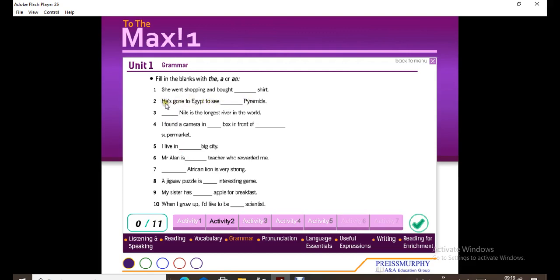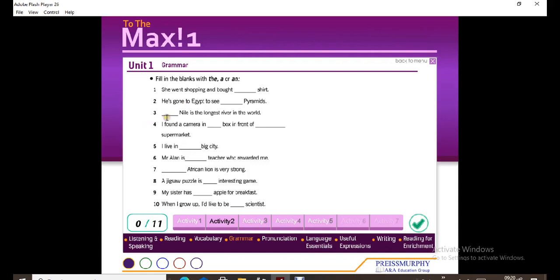Now what about the short form "'s"? It may be two things. Maybe he is or he has. And because here is a verb which is a past participle, I know that this is has. He has gone to Egypt.